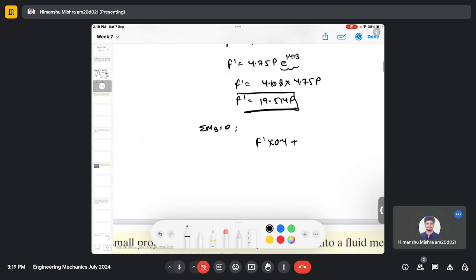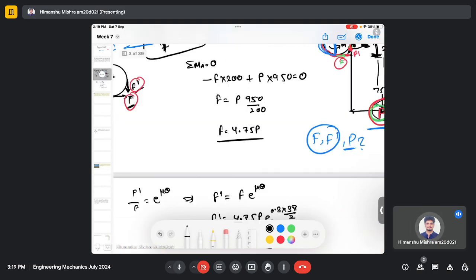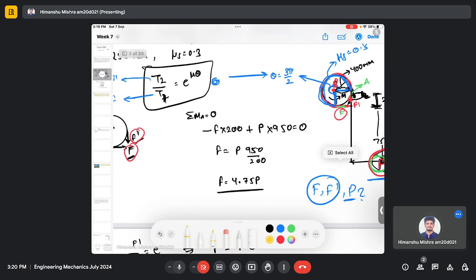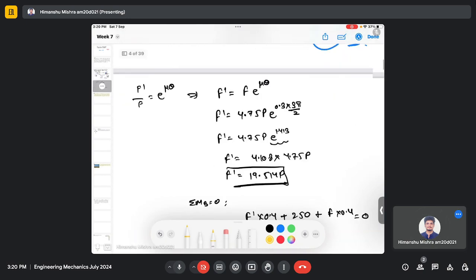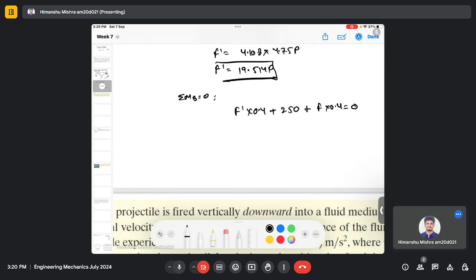Then there is a moment which is there, so it's 250 Newton meter. Then there is a force F, with the same perpendicular distance, 0.4 meter from point B. And this should be a negative here.